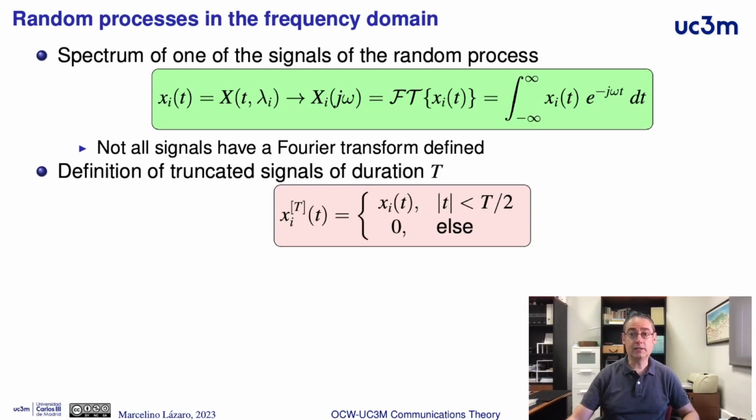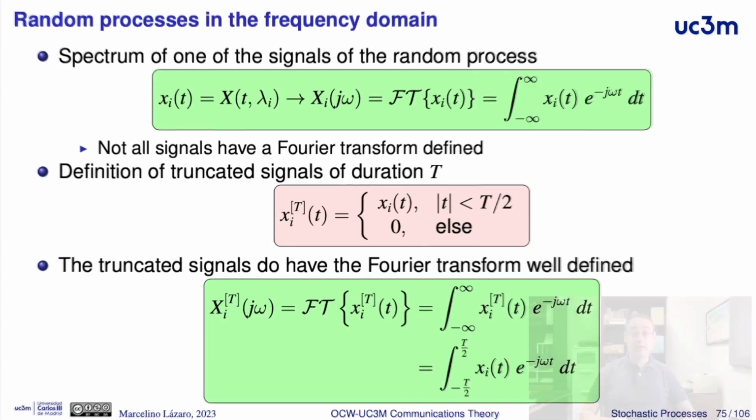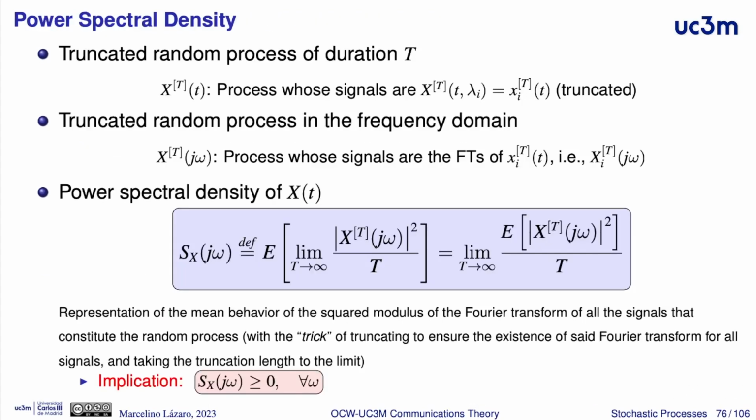And in this case, the definition of the Fourier transform will have finite support integrals, because now the integrals are between minus T halves and T halves.